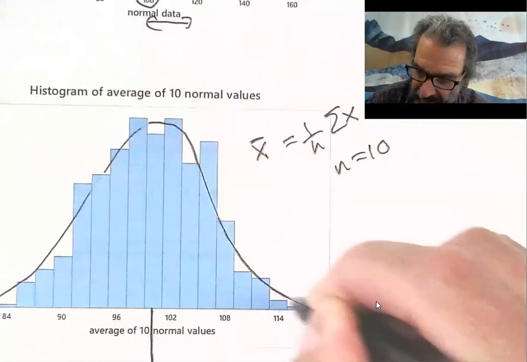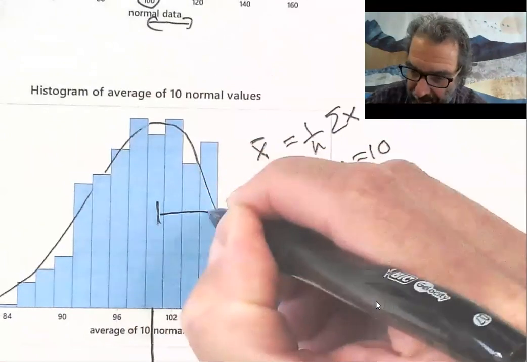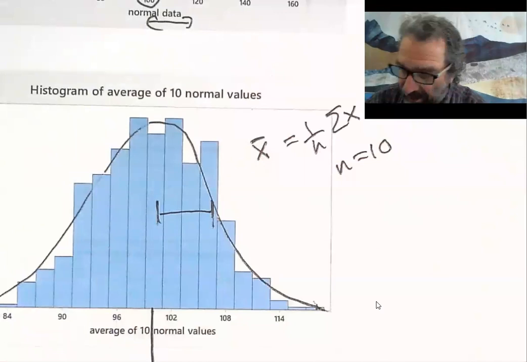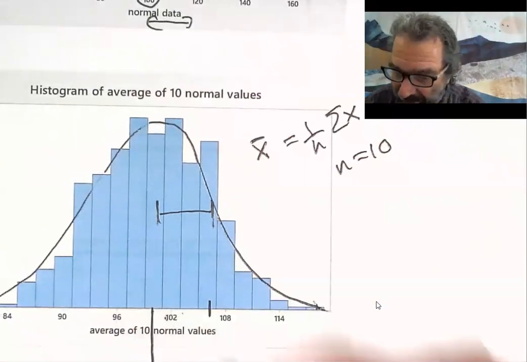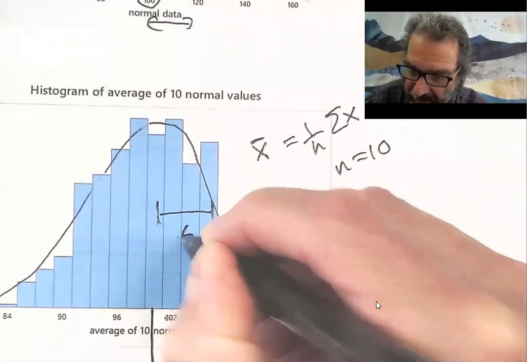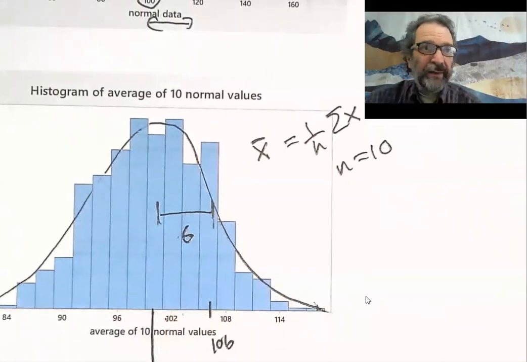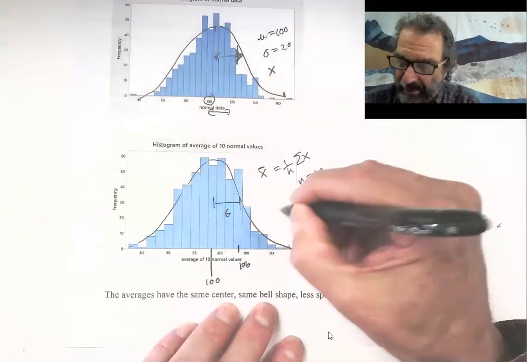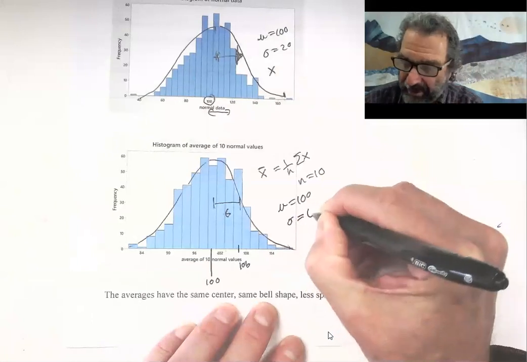And then you would guess maybe this distance here might be the standard deviation. And this number down here, 106 maybe, so that might be 6 units. So we would guess, as we guessed for the top one, mu is about 100, but sigma might only be 6.